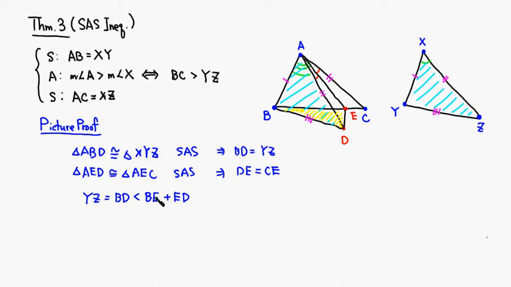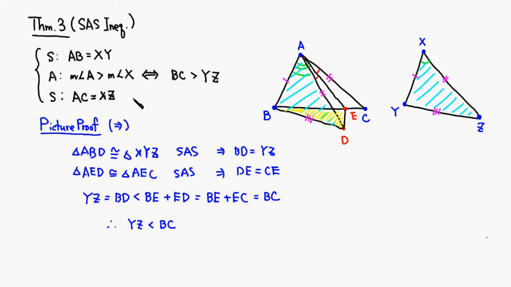But ED is the same as CE, so this is the same thing as BE plus EC, which is just BC. Therefore we know that YZ is less than BC. So this is the picture proof of this direction.